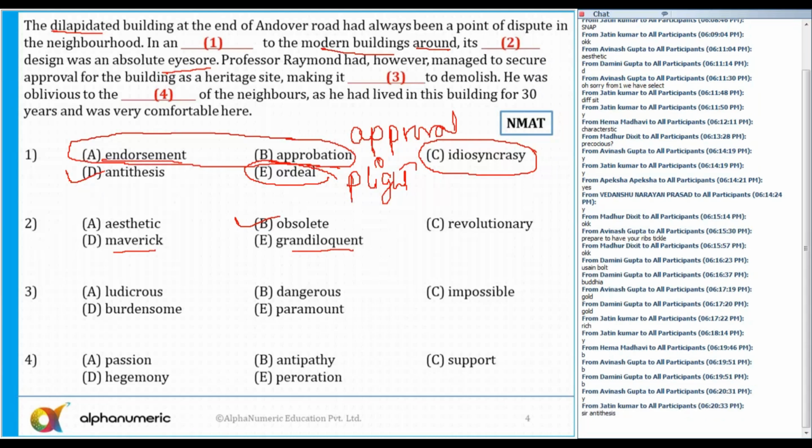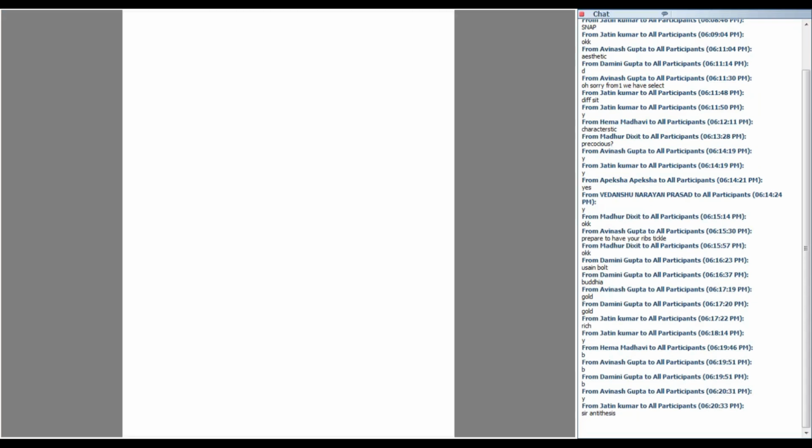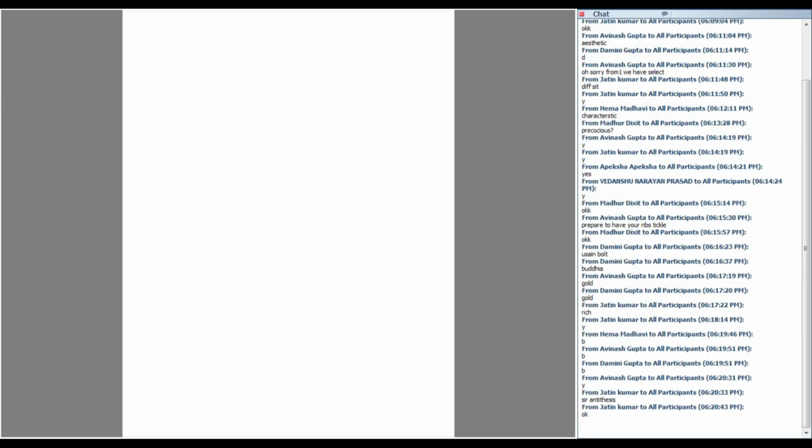Antithesis is opposite. Antithesis means opposite. Anti is opposite. Thesis actually means theory, a concept.